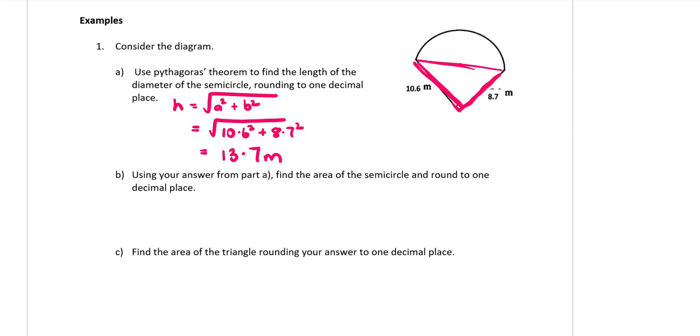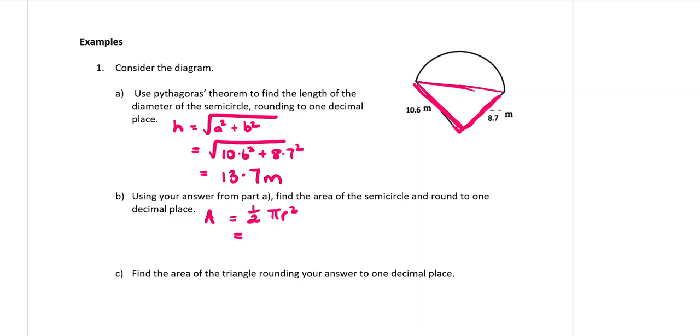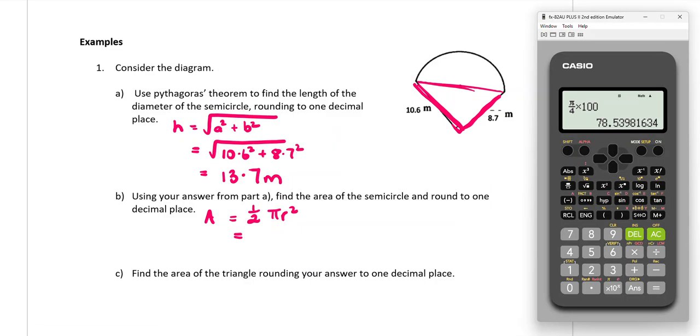Now that's a rounded answer. I've rounded that to one decimal place. Let's have a look what happens next. B says, using your answer from part A, find the area of the semicircle and round to one decimal place. Okay, so the area of the semicircle should be half of pi r squared. Now 13.7, let's type this in. We had 13.7 was our diameter.